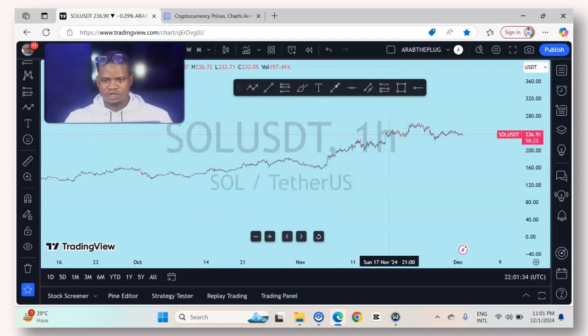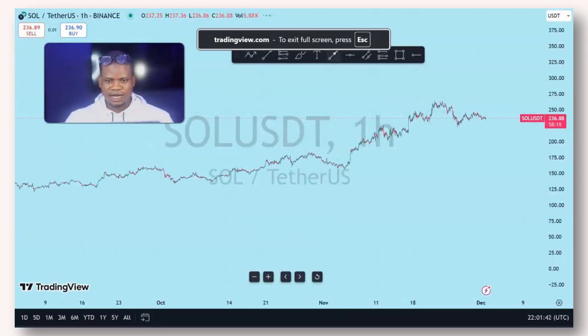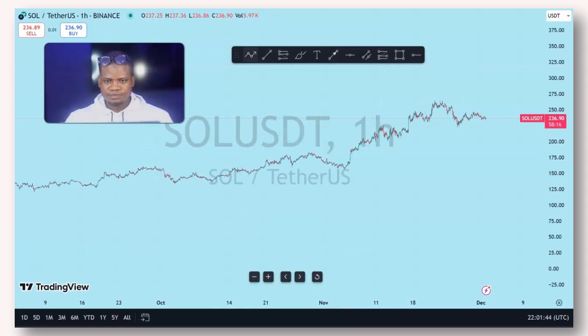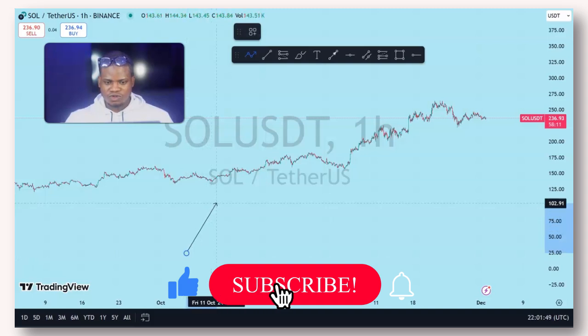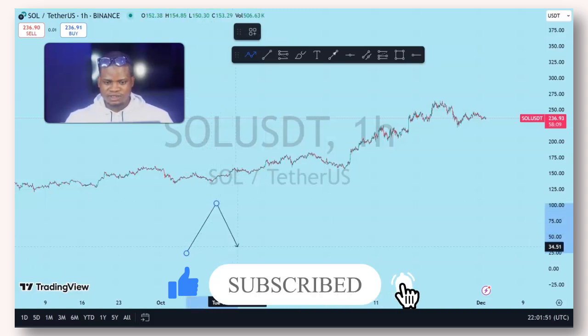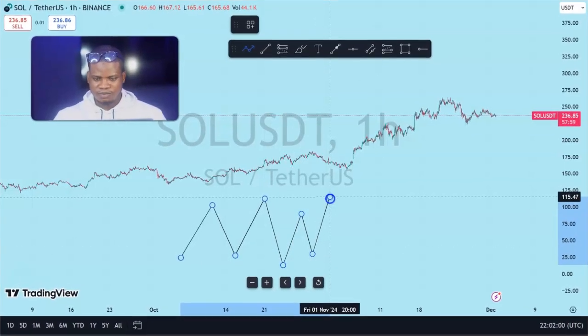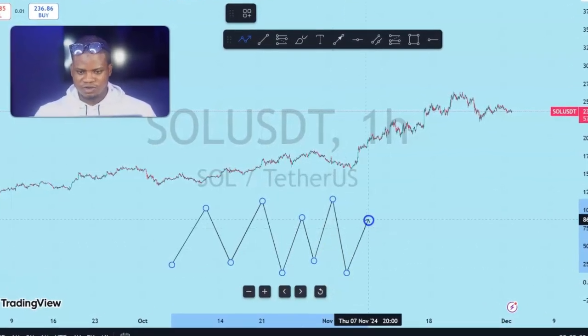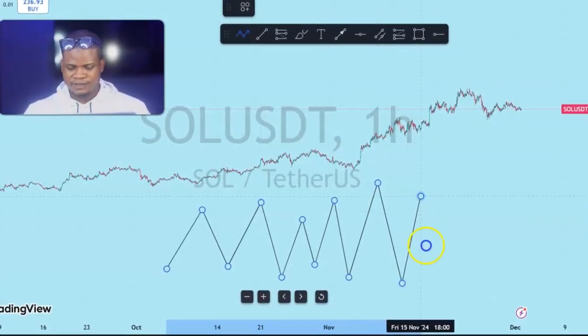So now let me just give you a brief outlook of what support and resistance looks like on the chart. So let's look at this particular chart of Solana USDT. Let's say the market starts moving like this, goes up, then reverses to this point, goes up again, reverses here, goes up, reverses, goes up here, reverses, goes up, reverses here, goes up again, and reverses.